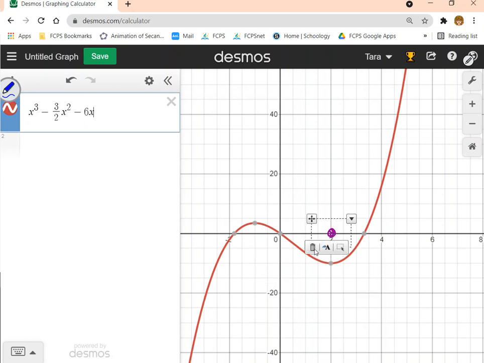So this was the original function. And so we can see it's got the turn here at -1, and it's got the turn at 2, and it's going up and then down and then up. So it doesn't have a turn at 0.